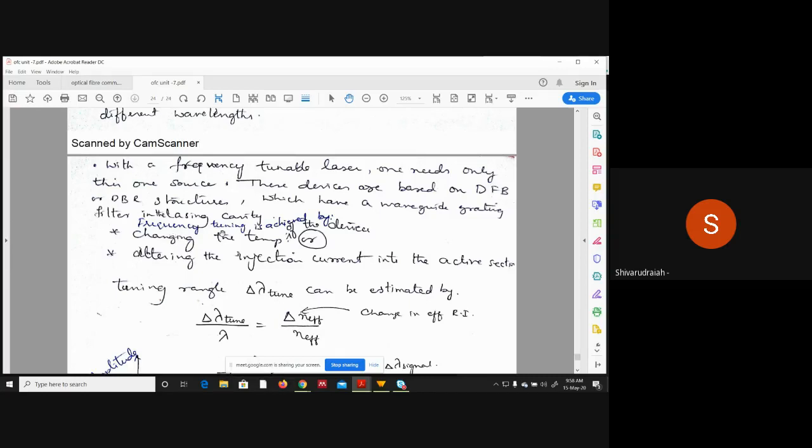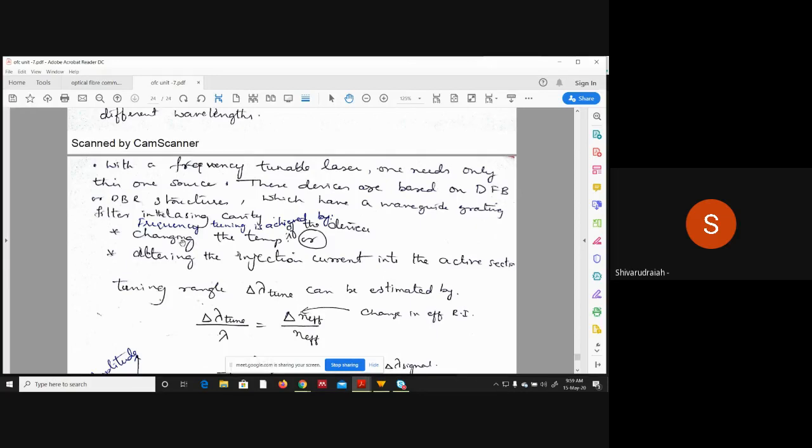So how do we achieve this frequency tuning with respect to DBR and DFB? It can be achieved by changing the input current, that is, altering the injection current into the active section. By altering the injection current, the input current for a laser source, you can alter the frequency of the tunable laser, so that it can produce a different frequency or a different wavelength signal coming out of the device.